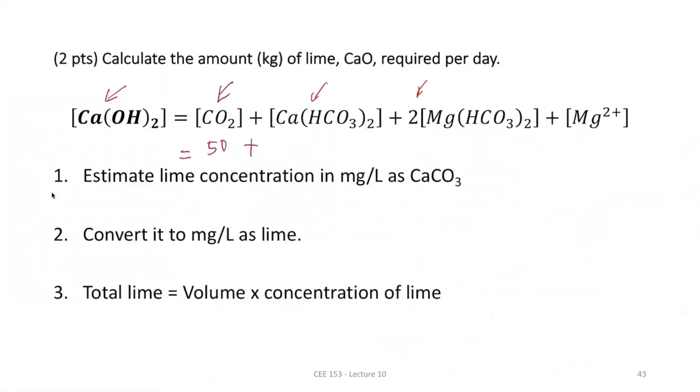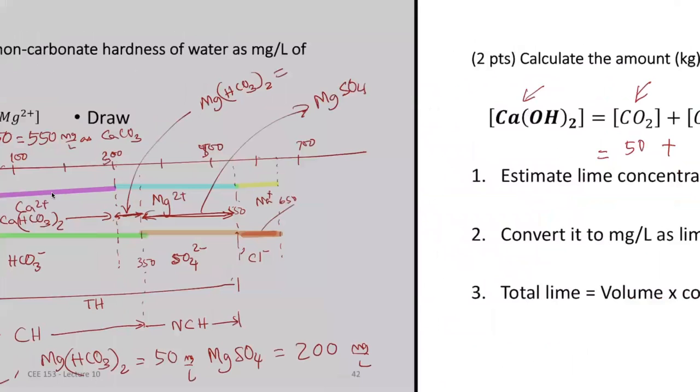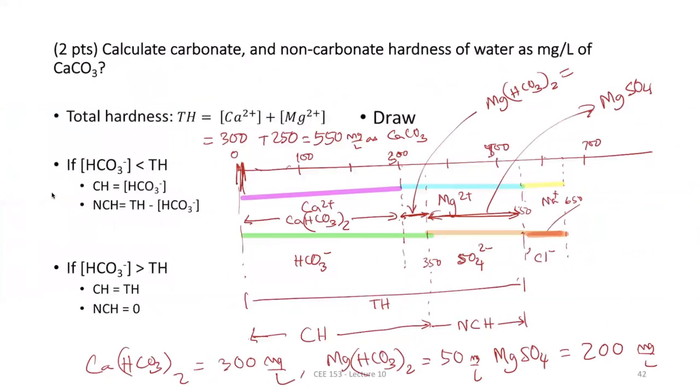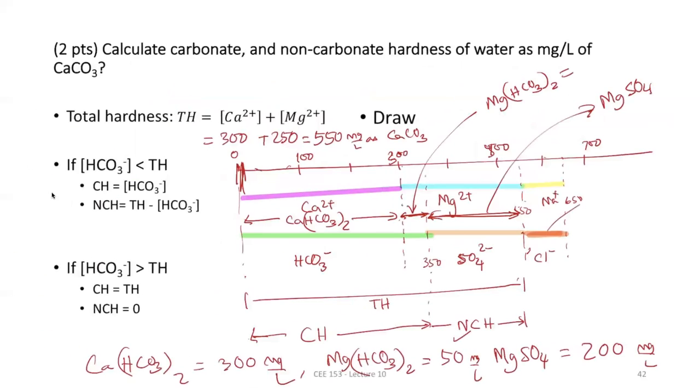So 50. CaCO3, we just calculated 300, plus 2 times magnesium carbonate, we calculated here 50, plus the non-carbonate hardness magnesium. So the only thing remaining is magnesium sulfate.